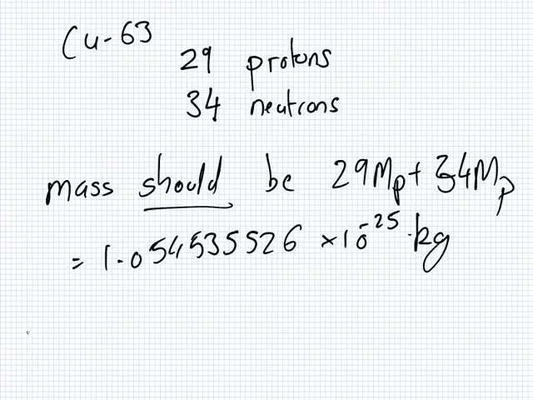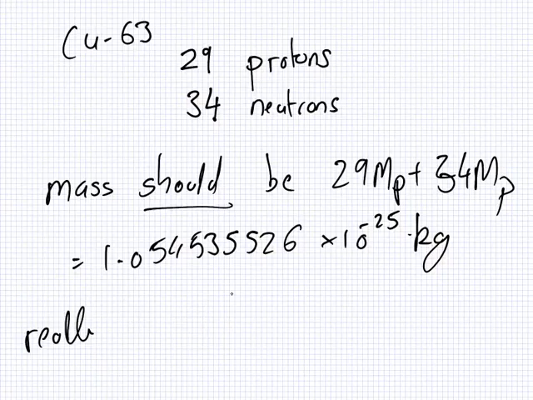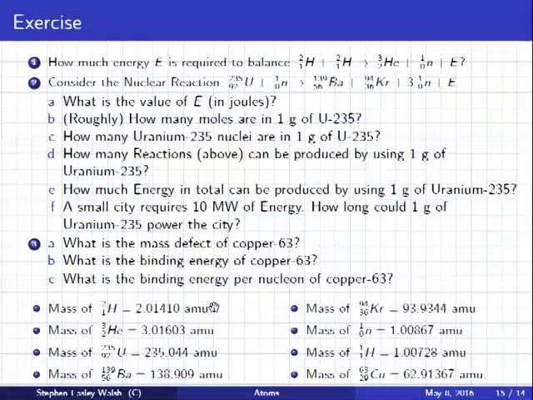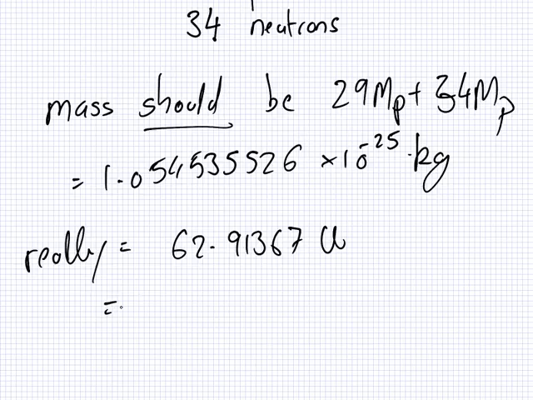But actually, when you look at it, it's really 62.91367 U, which is equal to 1.04470539 times 10 to the minus 25.